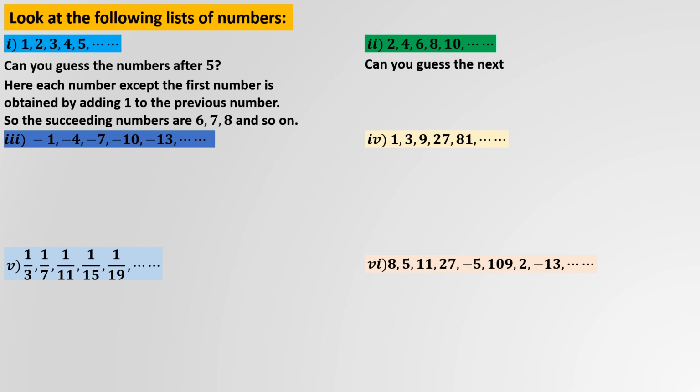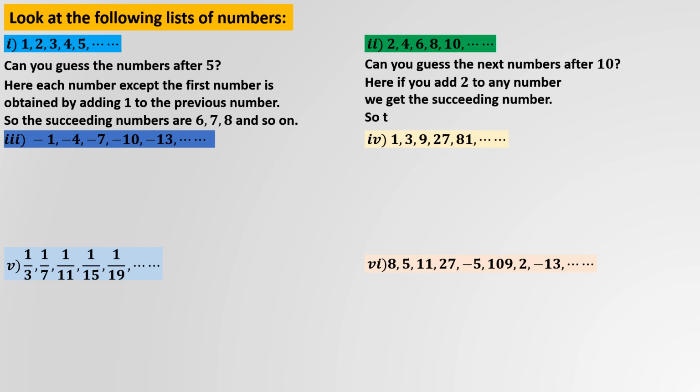What about this list? Can you guess the next numbers after 10? Here, if you add 2 to any number, we get the succeeding number. So, the next numbers are 12, 14, 16, and so on.